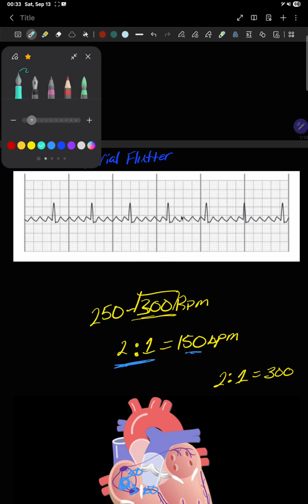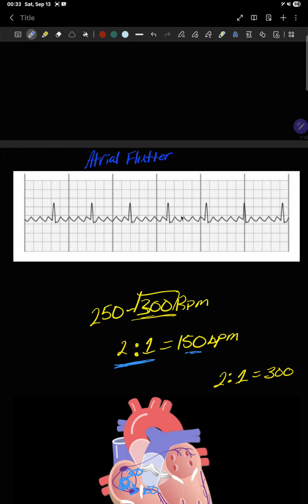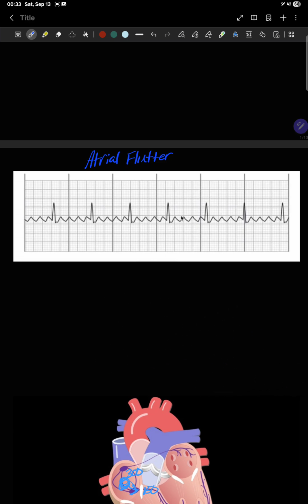So now you get this patient and he comes into the ED, chest pain, shortness of breath. First thing you're going to do, EKG. I do my EKG. I get my rhythm. And it shows here's my F wave.